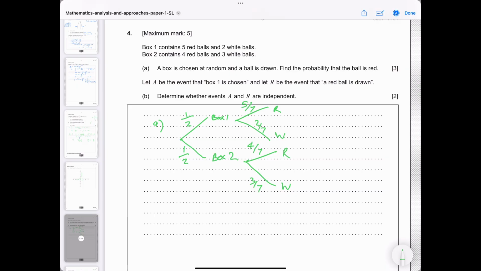So that means our probability would be half times 5/7 plus half times 4/7, which equals 9/14.